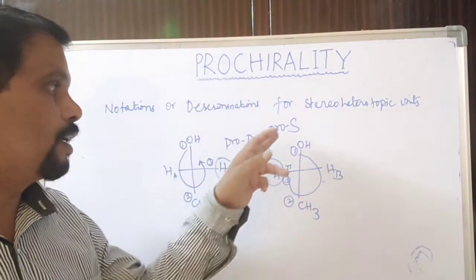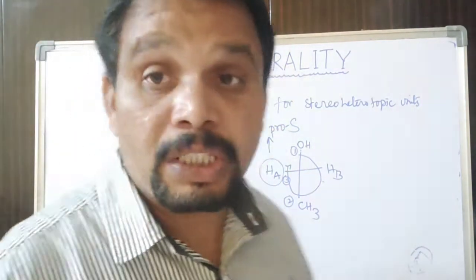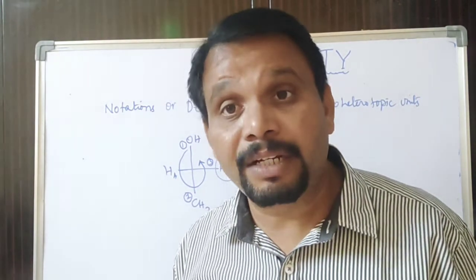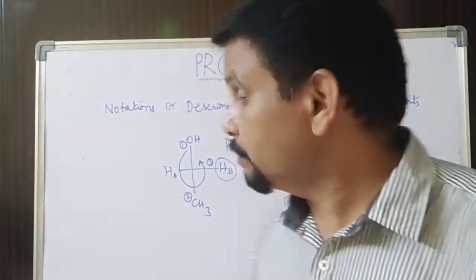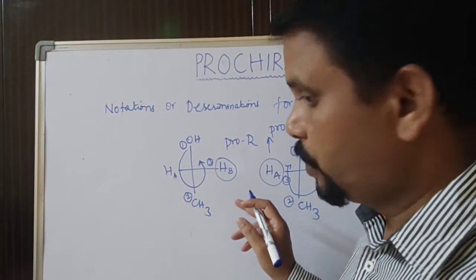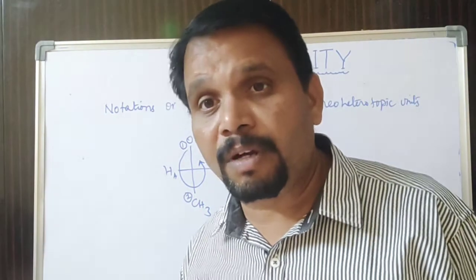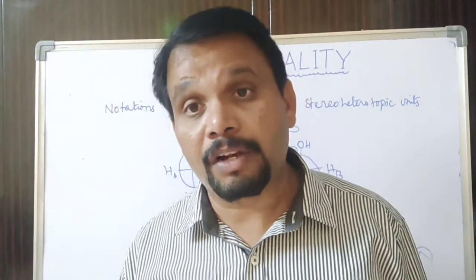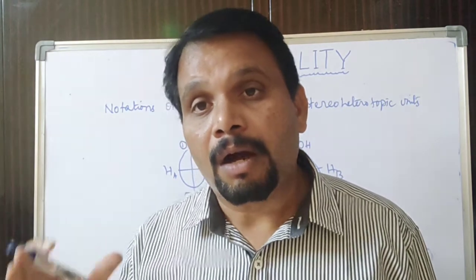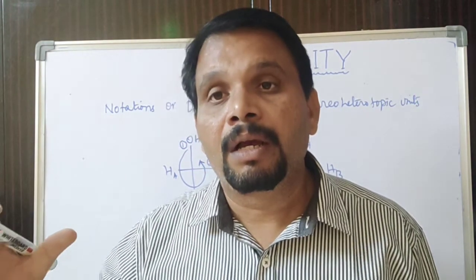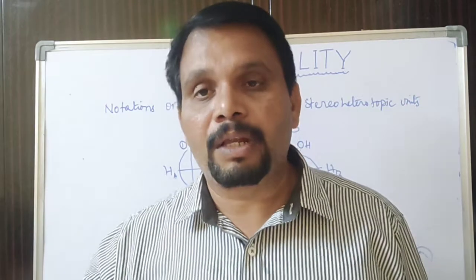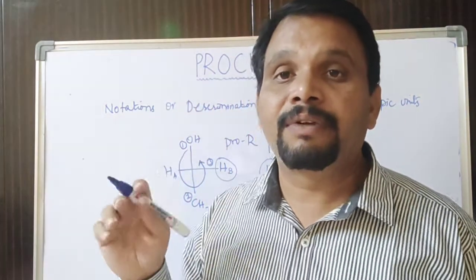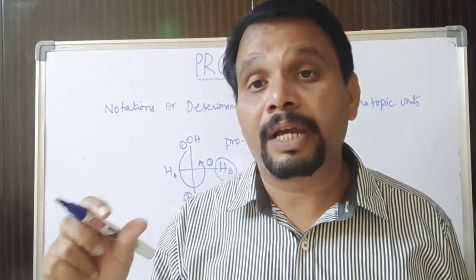What are this pro R and pro S? Those are the notations or discriminations for our identification. So you need to understand: in enantiomers or asymmetric molecules, we have RS configurations. RS configurations come in chiral molecules. But pro R, pro S come in prochiral molecules.